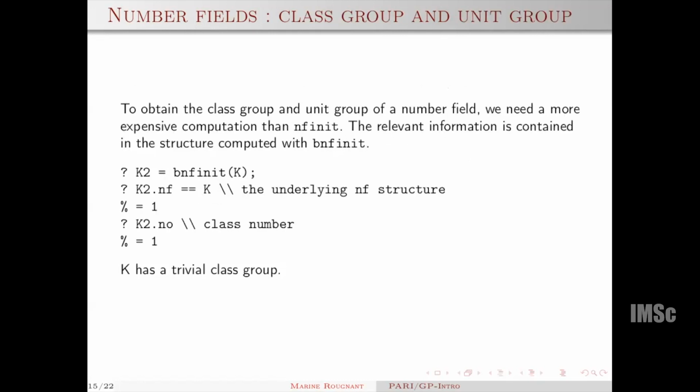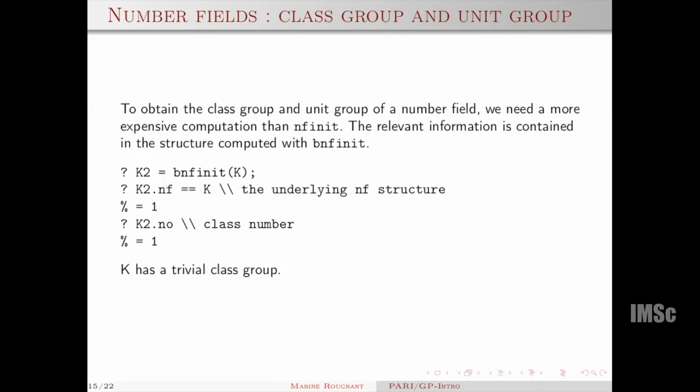So then you know how to represent primes and ideals, how to deal with them, how to factorize everything. You may want to have a look at units and the class group of your number field. If you want to have a class group and units, you need more information than just the structure of NF units. So instead of NF units, use BNF units.